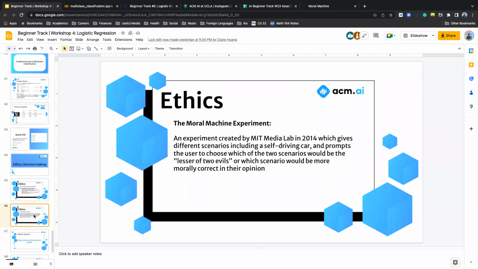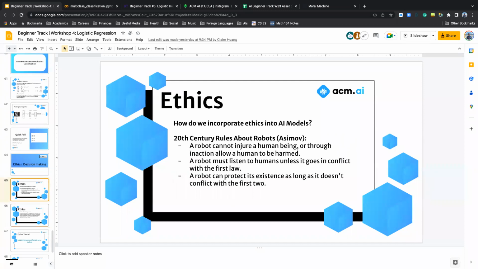Okay, that's a great question. The problem with moral systems is that it's hard. As I mentioned here, in these sets of rules, it seems like a robot would be good if it followed these rules: it's not harming humans; it must listen to humans unless it conflicts with this first law, where it's harming humans; and then it can protect its existence as long as it doesn't conflict with the first two.